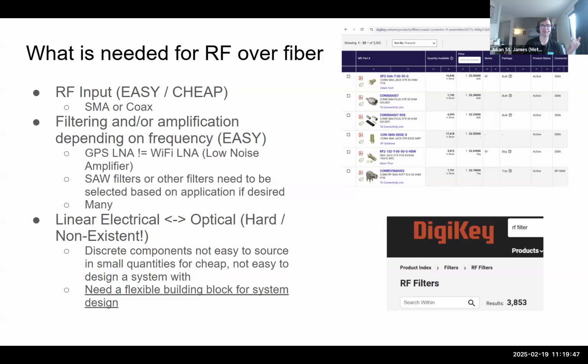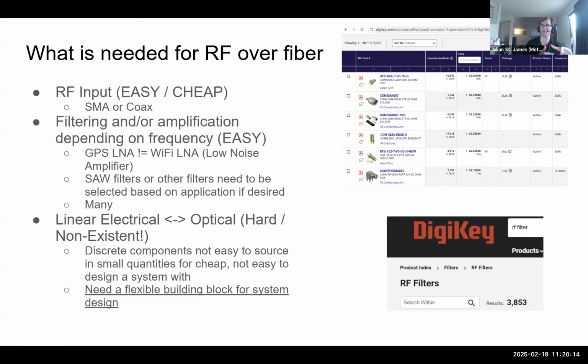And then if you want to have a filter or amplifier based on your frequency, say a GPS LNA or a Wi-Fi LNA or a SAW filter or any kind of bandpass filter, these are also relatively cheap and common. Just looking at DigiKey, if you search for RF filter, there's over 3,000 different filters for different frequency ranges: 2.4, 1 gigahertz, GPS, cellular, whatever.